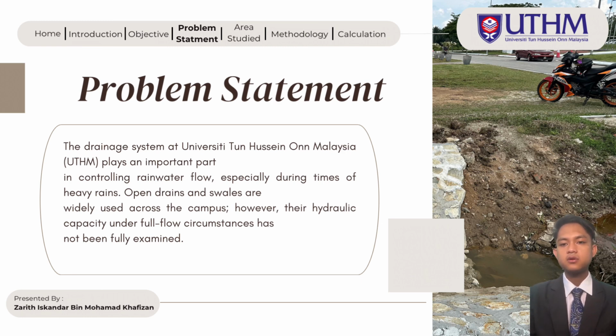The results will show possible improvements and suggest a minimum freeboard of 50 mm to ensure the system is safe and operating efficiently. So that's for the problem statement. I will go to the next part.